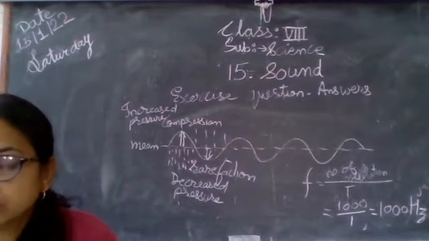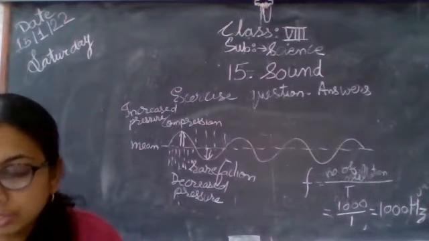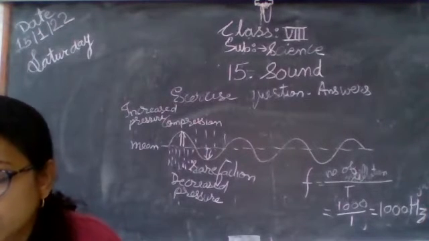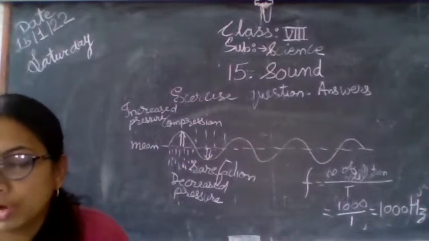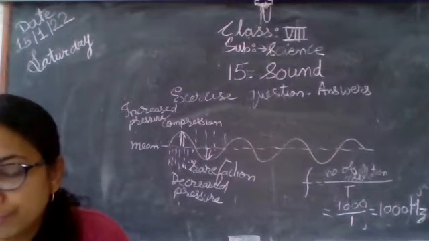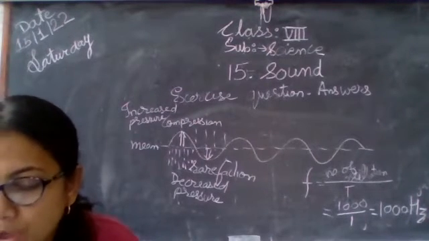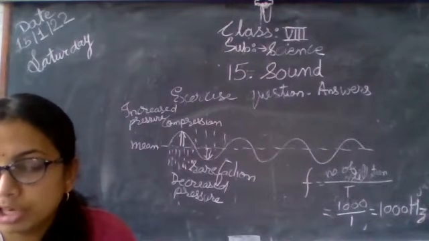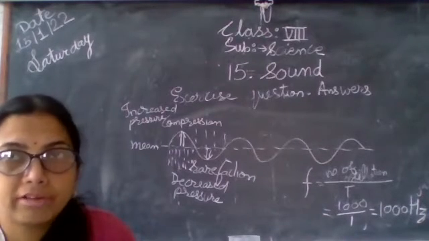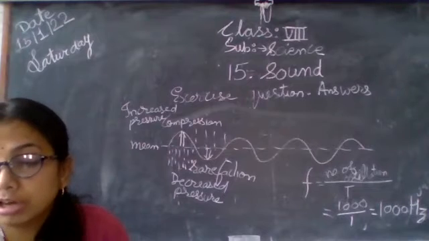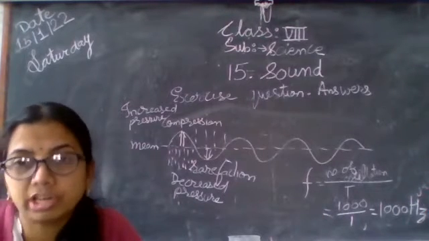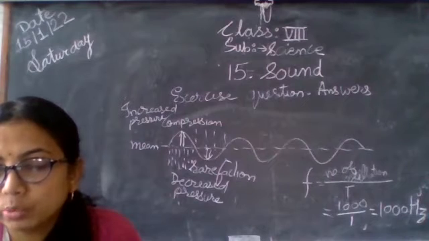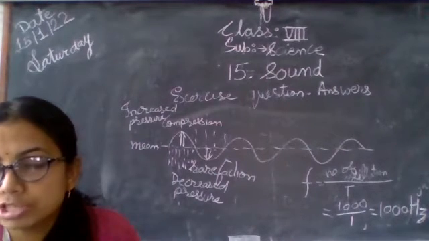Okay. Then we have to give scientific reasons. It is essential to change the tension of the vocal cord as we produce different sound notes from our larynx. In musical instruments, where we have seen string instruments, the change in the tension, the tightness of that string, is very important to create different sounds.